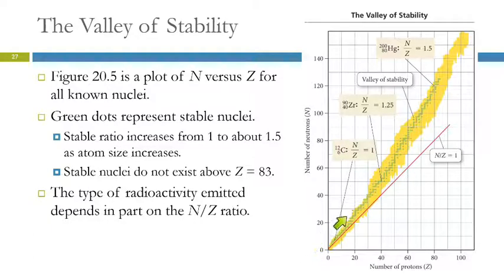But as the elements get larger, this is the line where N over Z equals 1. We see that this curves up from that line, and the stable N to Z ratio gets larger as we go along. Here it's 1.25, up here it's 1.5.